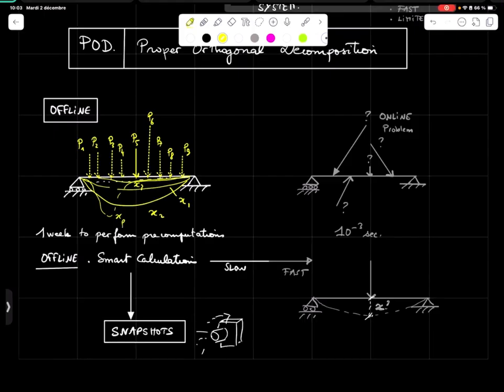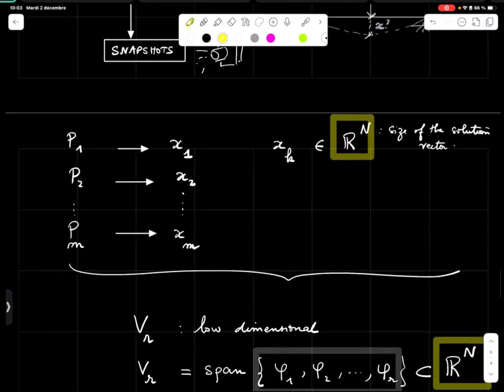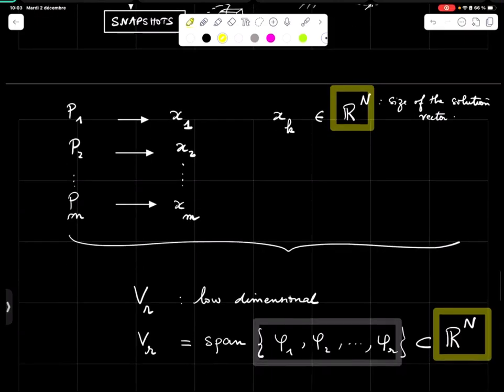Okay, so now I have all these solutions, and we will see what we do with that, but we're going to put that in some matrix, and we're going to extract the substance of that matrix to make it as relevant as possible to the exact problem, right?